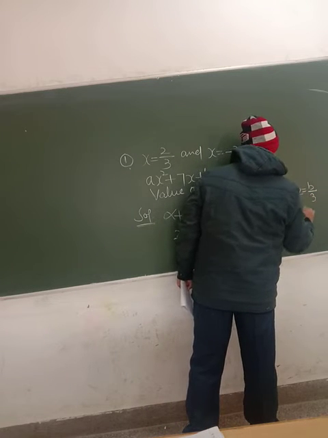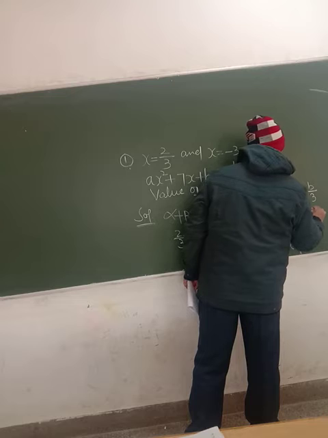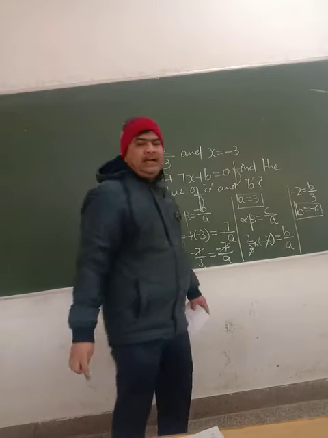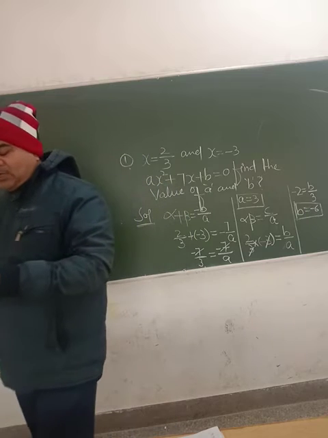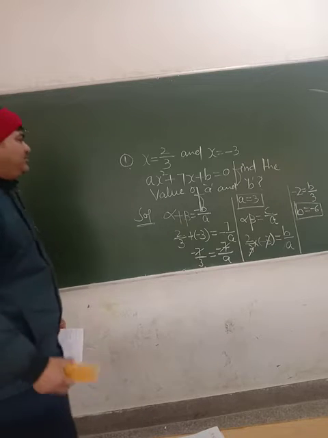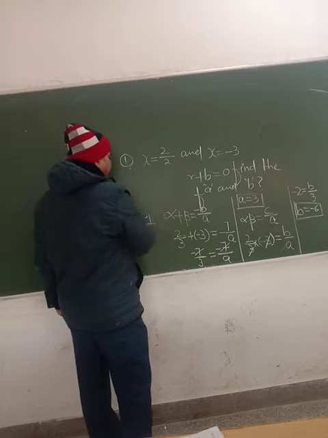Cross multiply it and get the answer b equal to minus 6. So this is the value of a and b respectively. Write down these values so that in future you can solve this type of question. Now moving on to the next one.